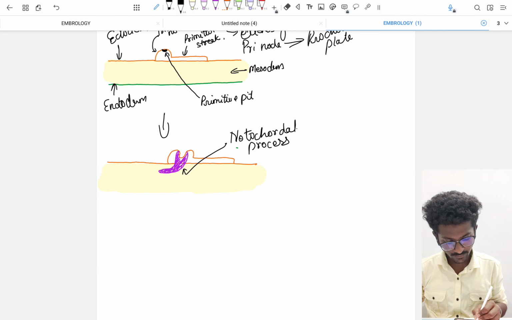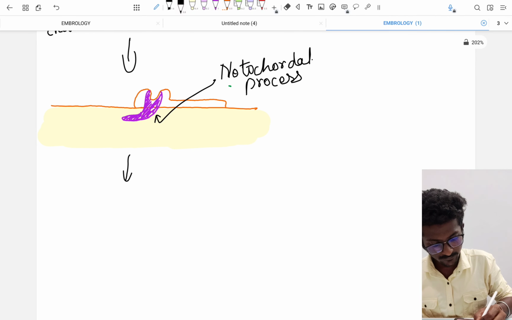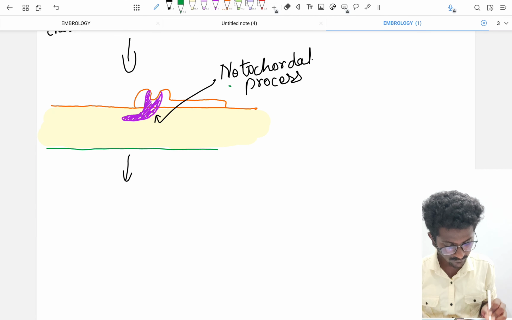Now let's move forward. Now what will happen? This pit will move even more inside. This is the endoderm.